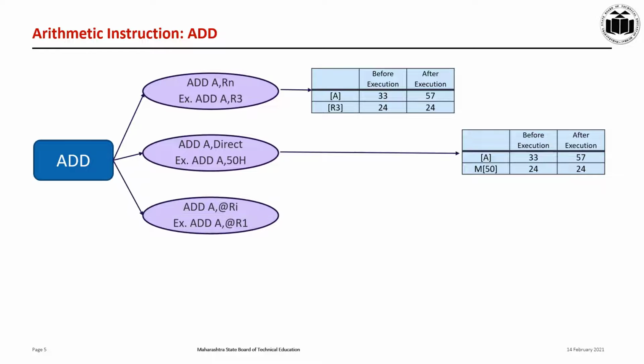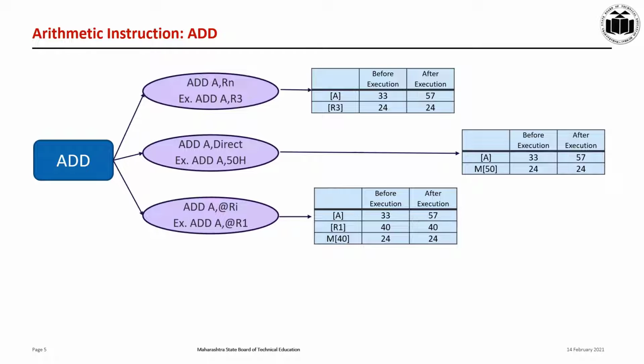ADD A, @Ri. This instruction adds the content of internal memory location pointed by Ri to accumulator and stores the result in accumulator. Ri indicates register R0 or R1. Only registers R0 and R1 are allowed in this mode.